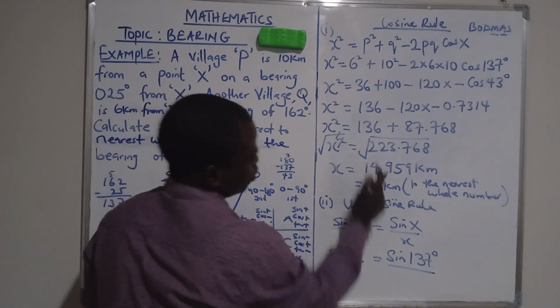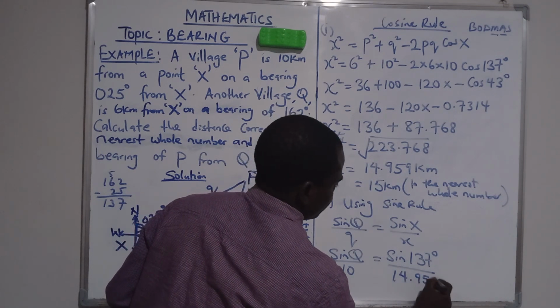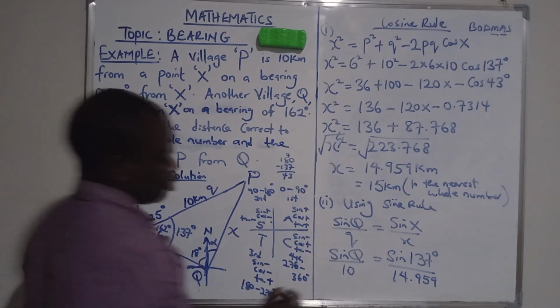What's our small letter x? Don't use the one you rounded up. Use the one you got here, 14.959. Here we need to cross multiply.